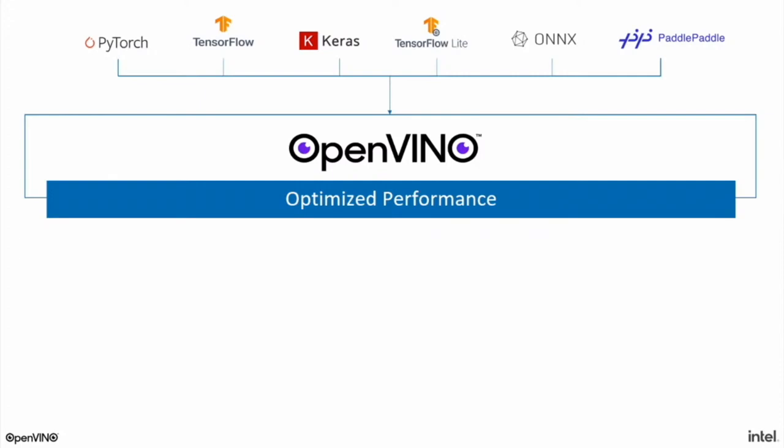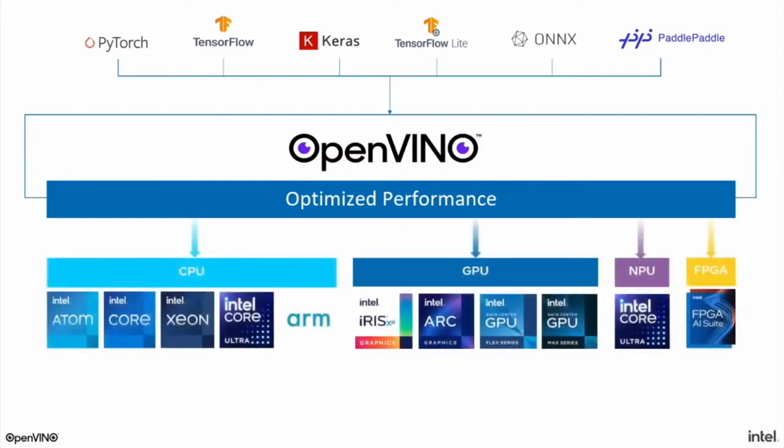You can imagine in the case of LLMs, it's really critical to fit such huge models in the device, in the PC. The models can then be deployed to CPU, GPU, NPU, or even FPGA on any type of Intel devices, including Intel Core Ultra, which I explained before, and even ARM. You can use OpenVino on ARM devices, and on Windows, Linux, and macOS.